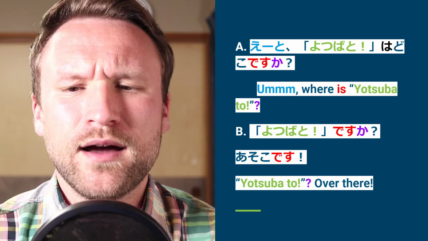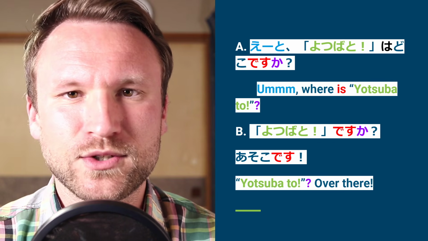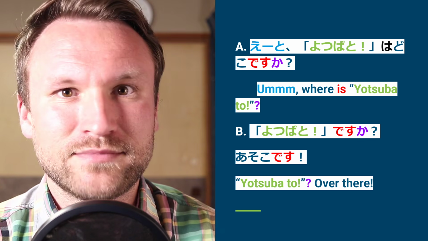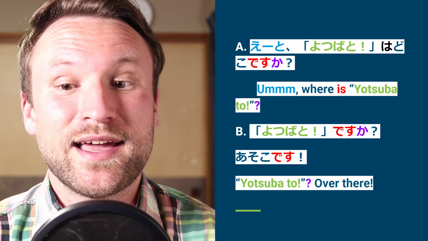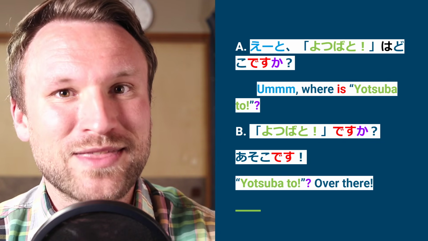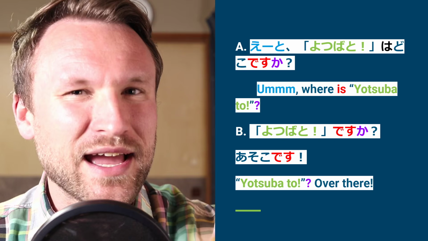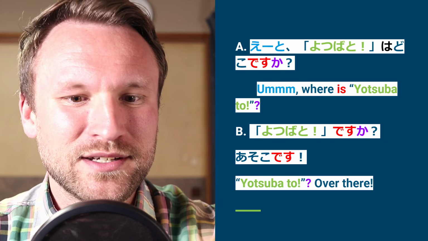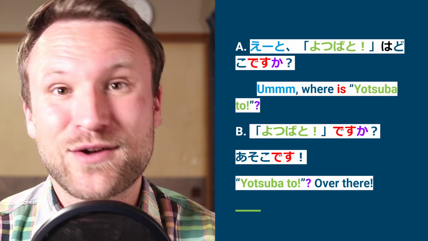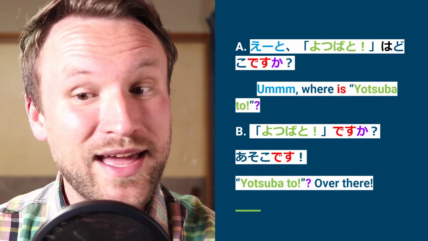If you're not saying it, it doesn't sound natural at all. Instead, if you say it, now, obviously, you'll be thinking about it. So if you're thinking about saying it in English, you probably won't say it, but you should think about saying it in Japanese because it makes you sound more natural.